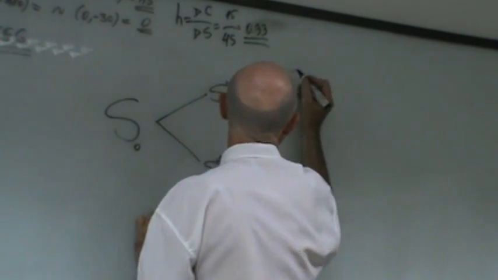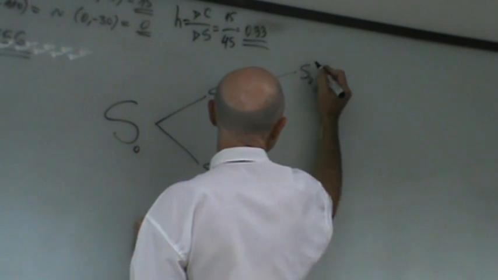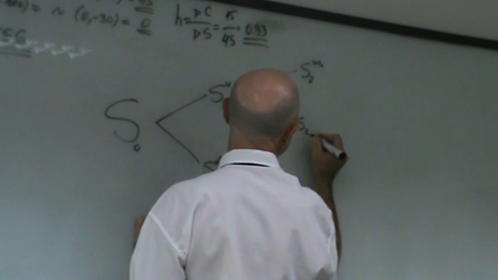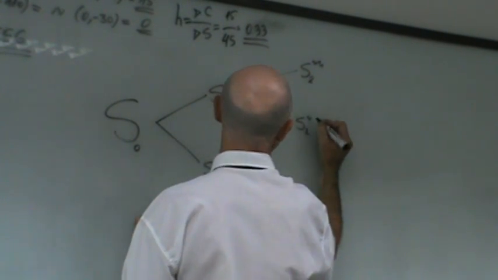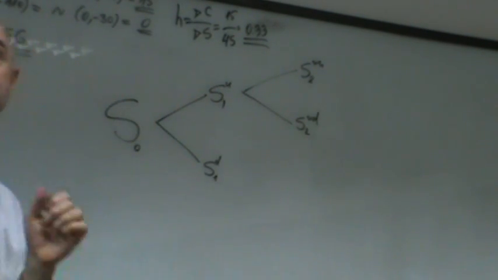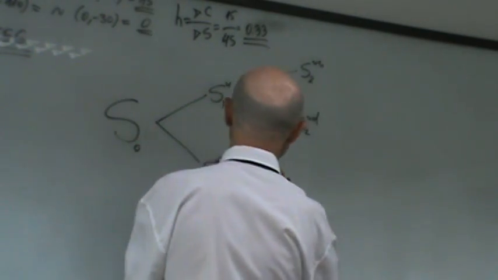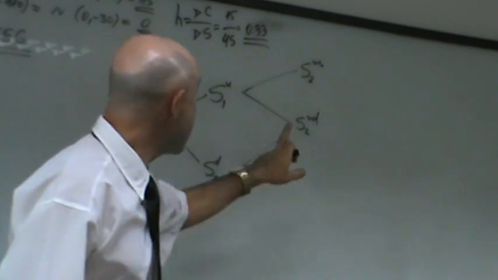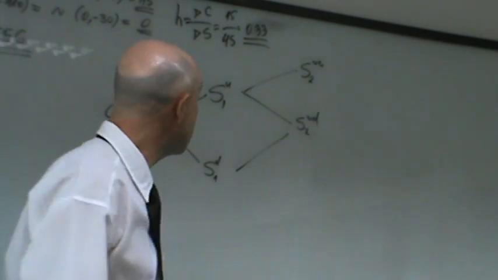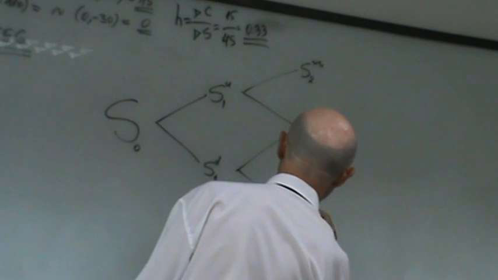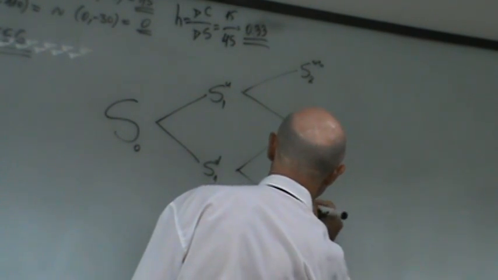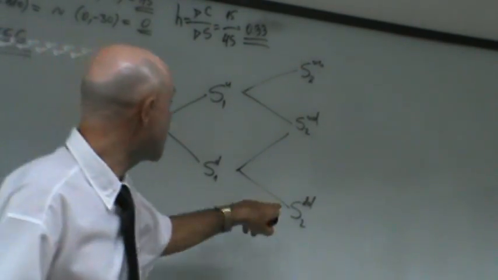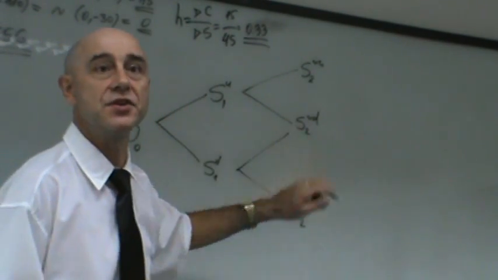And then becomes S2 up, up, S2 up, down, and then we got SUD becomes SDU, and then you got S2DD. Okay, maybe to be consistent over here, I could use the other way. It's the same thing, you understand.